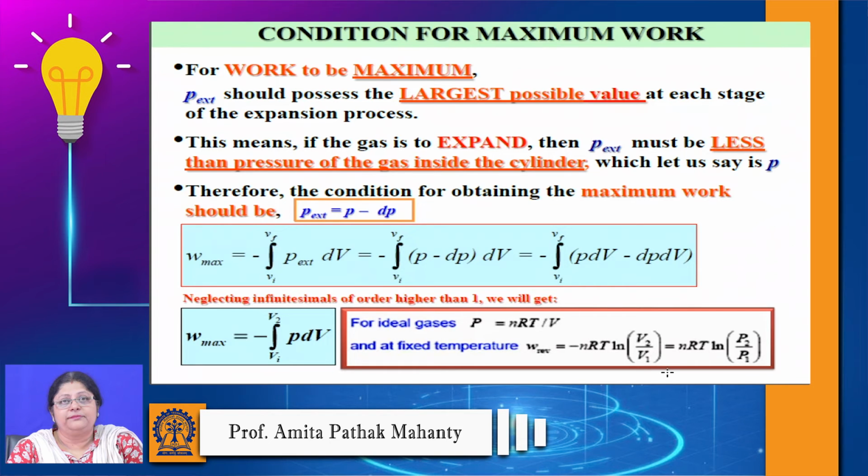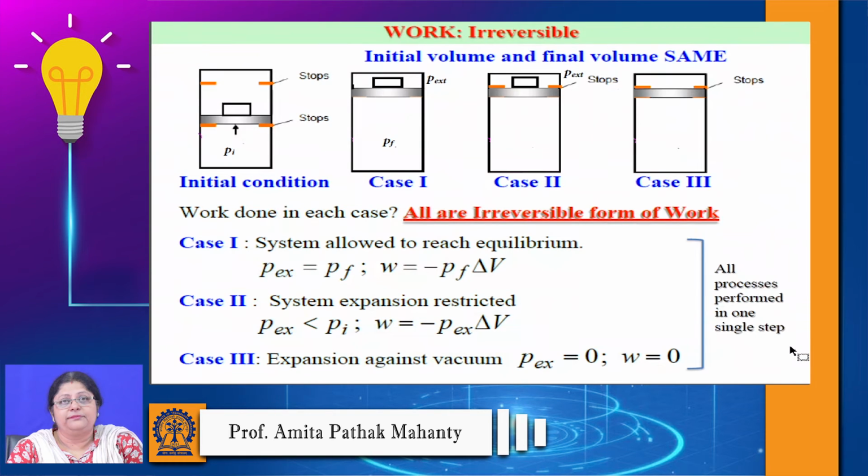Now you can replace this in terms of the pressure, because you have the ideal gas law and V is inversely proportional to P. So you can write P2 by P1, into nRT ln.